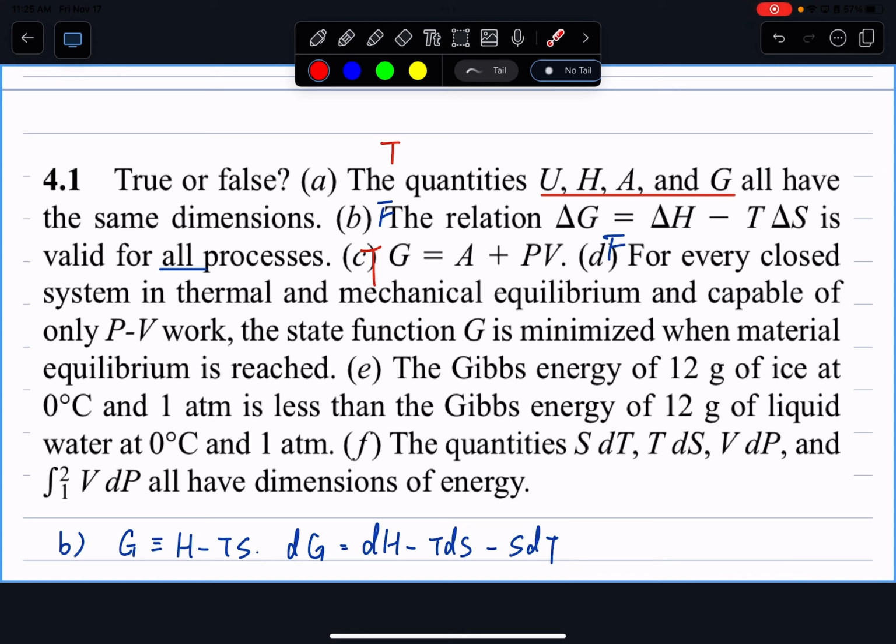So at 0 degrees Celsius, your ice and water are in equilibrium with each other. When they're in equilibrium with each other, the total Gibbs free energy is not changing. And it's also specified the constant T and P we're looking for. So this one is false because they're at equilibrium. The delta G is 0, so their Gibbs free energy must equal each other.